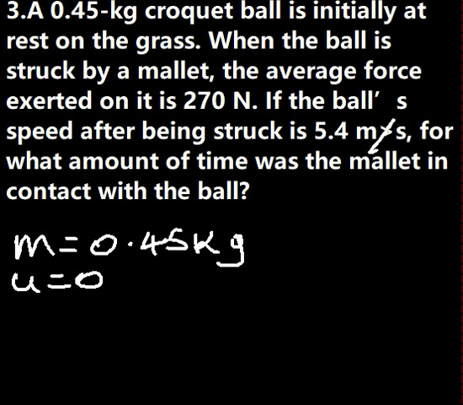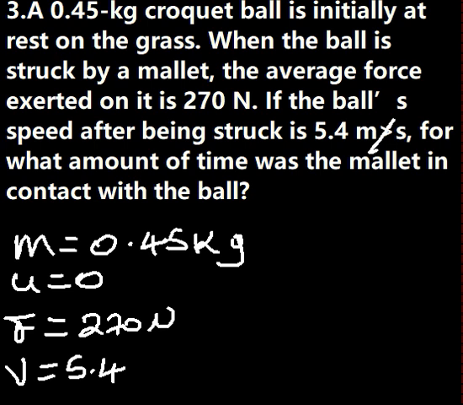Now when the ball is struck by a mallet, the average force exerted on it is 270 newtons. If the ball's speed after being struck is 5.4 meters per second, that is the final velocity.